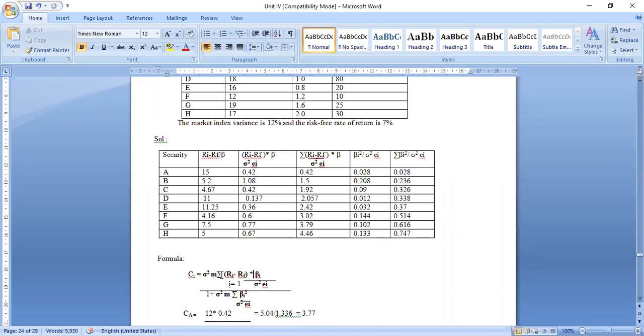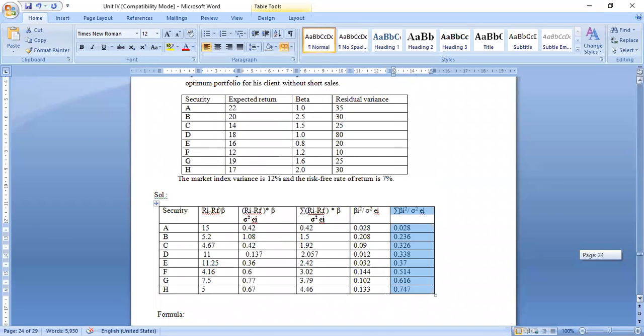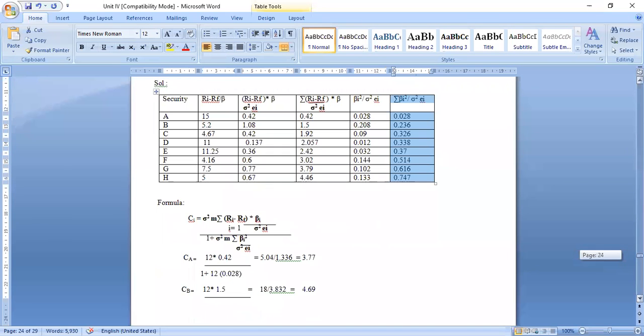So 12 into... Now this value we are going to find in the third column, which we have already calculated: summation of (Ri minus Rf) divided by residual variance into beta i. At the same time, we are going to use the fifth column, that is summation of beta i square divided by residual variance. Now 12 into 0.42, which we have already calculated in the problem, divided by 1 plus market index variance 12 into 0.028, that is summation of beta square divided by residual variance.